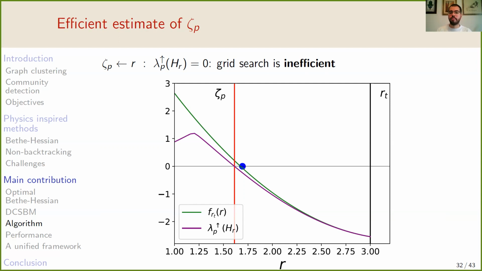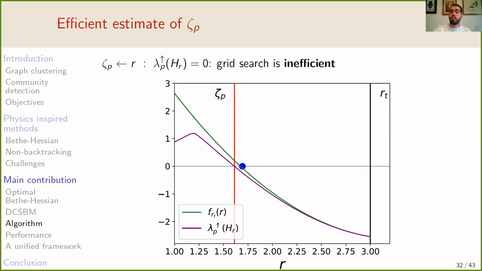Then given r_t, computing p eigenvalues of the matrix H_r, so this is the computationally heavy part, we define a function f of r_t of r, which is the green line, which is strictly superior to lambda p of H_r.